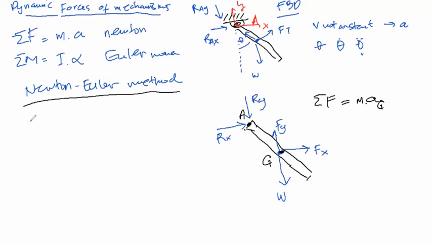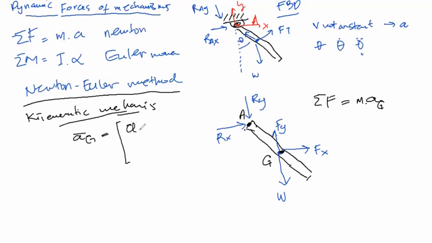If you remember the kinematics of mechanisms, you should find the accelerations. Let's say find the acceleration of G like this. You can find it in the form of x and y, so here ax and ay. And then now you can put it here immediately.